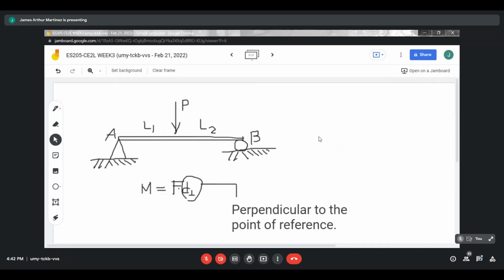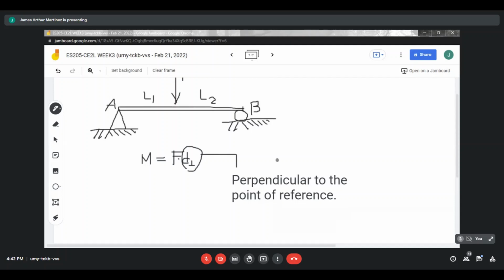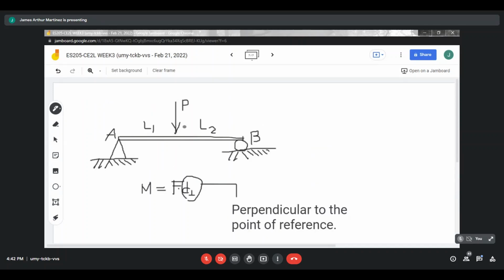Meaning, if you have a force nga naka-incline, so this is force P. If mag-take kag moment at this point, kang point A, dapat ang imong i-consider nga distance should be perpendicular sa force P. No, kana dapat siya.